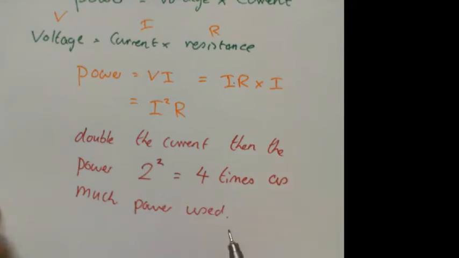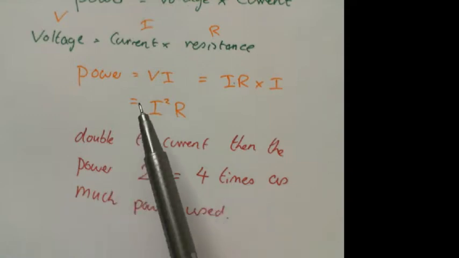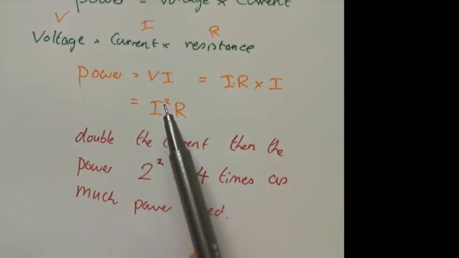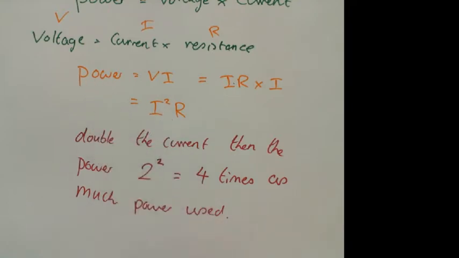Okay, so that'll be 4 times the amount of energy every second, and that's why you have step-up transformers to reduce the current, because the current squared is how much power is being used up.